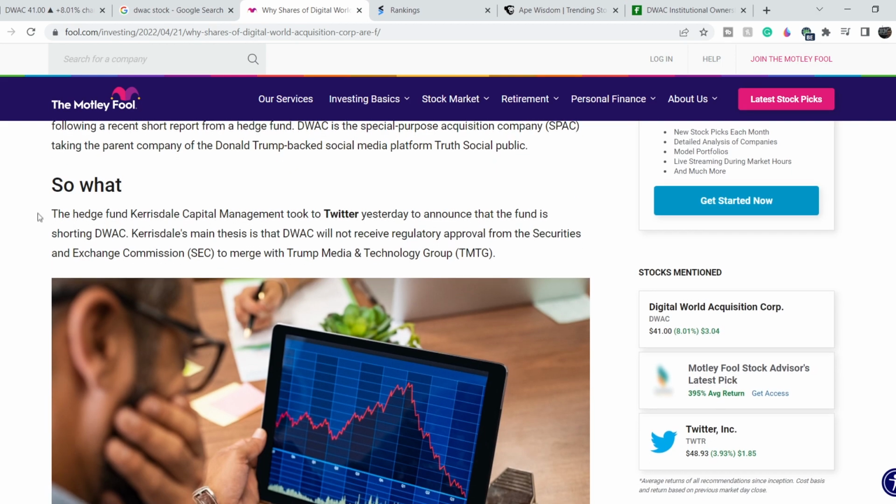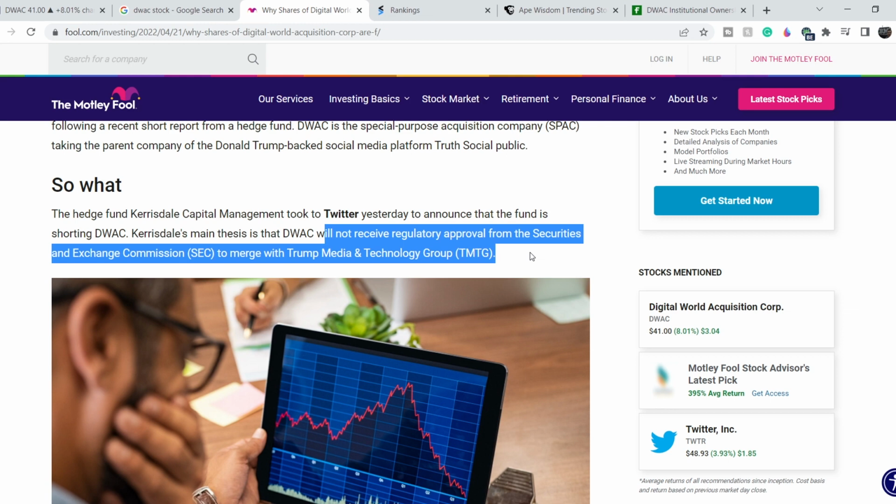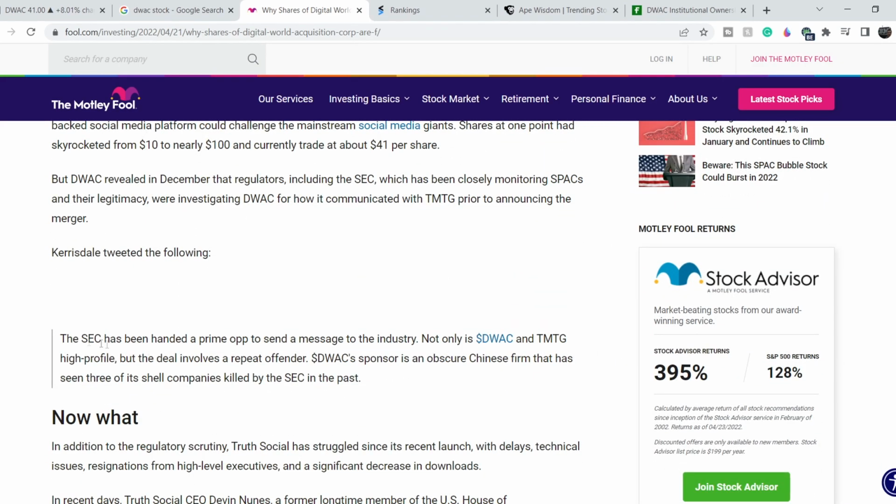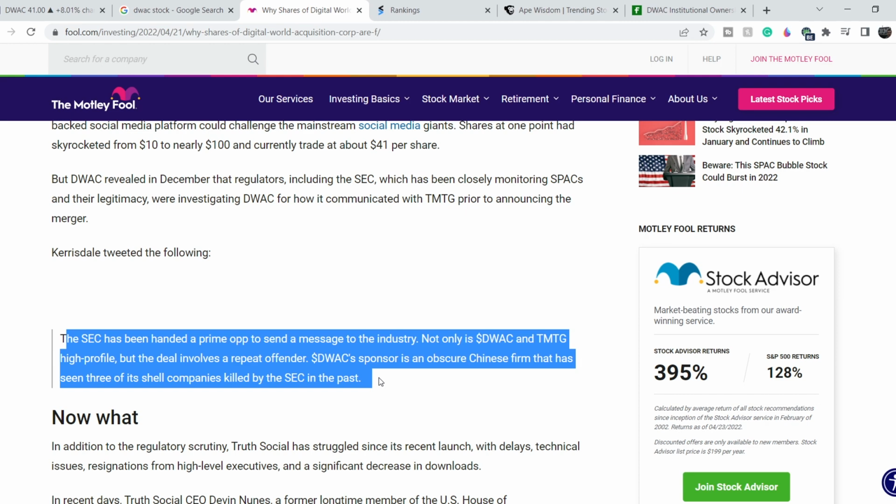And let me quote you this. The hedge fund Kerrisdale Capital Management took to Twitter yesterday to announce that the fund is shorting DWAC. Kerrisdale's main thesis is that DWAC will not receive regulatory approval from the Securities and Exchange Commission to merge with Trump Media and Technology Group. And let me quote you their tweet. The SEC has been handed a prime opportunity to send a message to the industry.